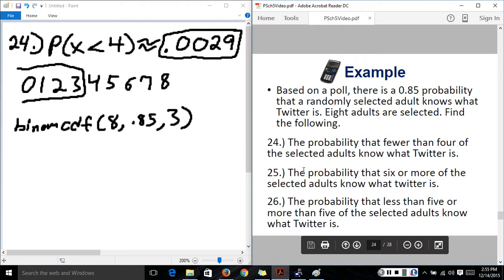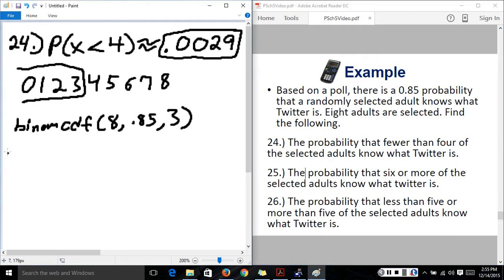All right, let's try number 25. Probability that 6 or more. Looking for the probability that x is 6 or more, so greater than or equal to 6.